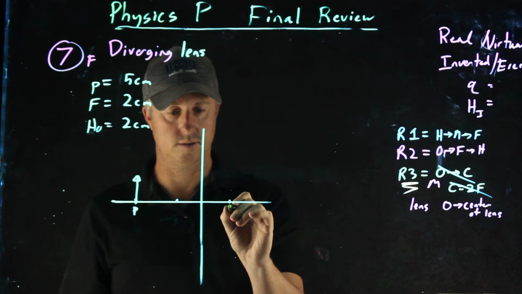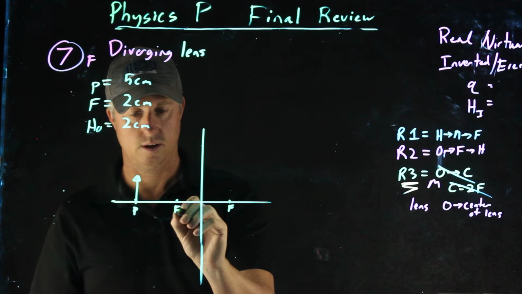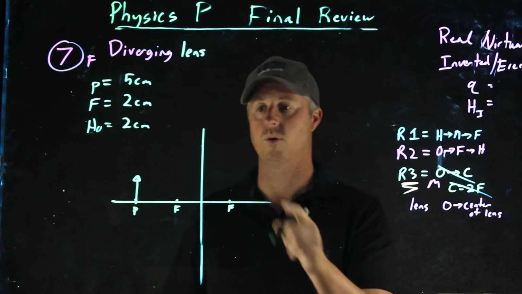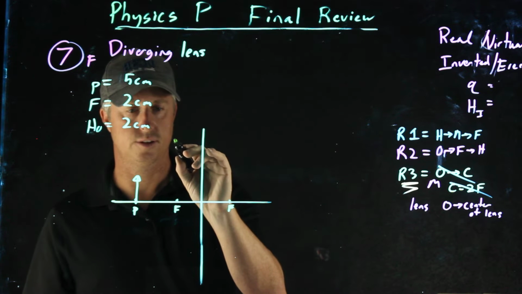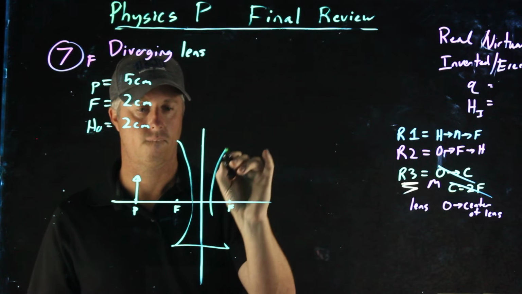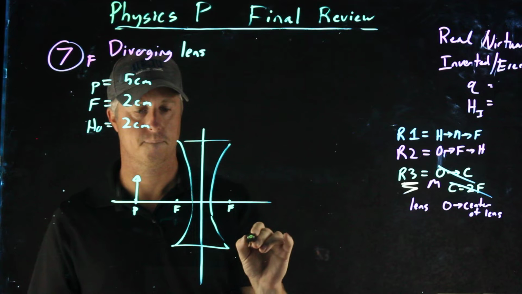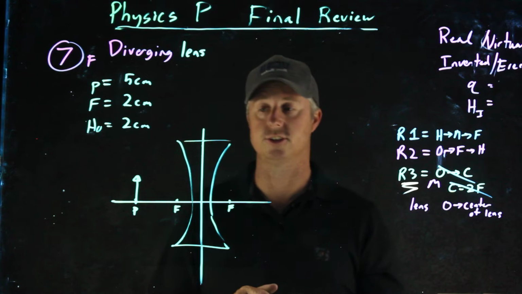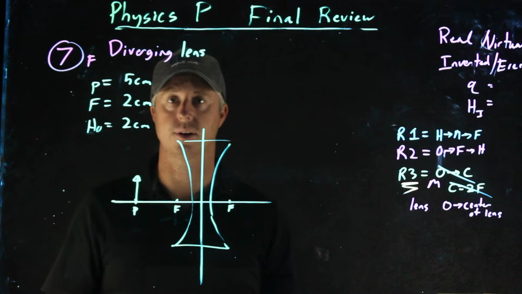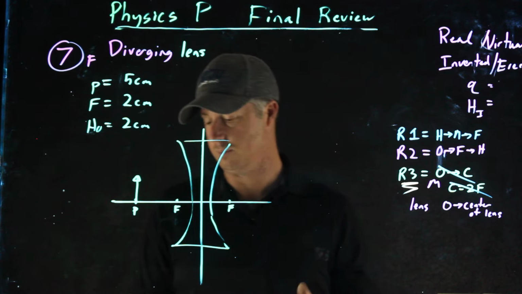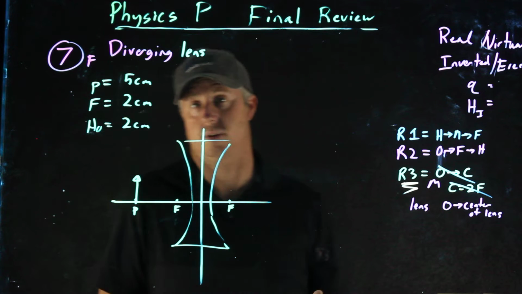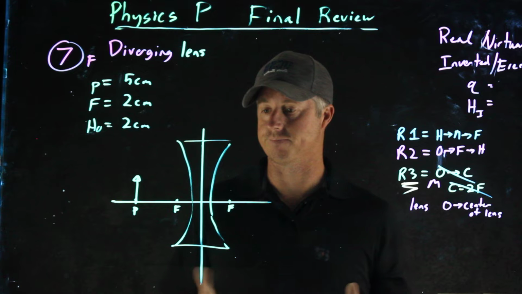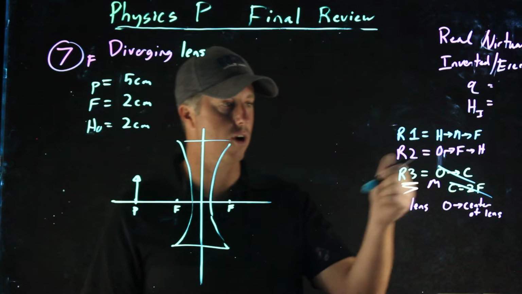And this is a lens, so there's going to be a focus on both sides. And then just for visual, a diverging lens kind of looks like that hourglass or the Black Widow belly, whatever you want. I'm good. I'm now ready to start drawing my rays.